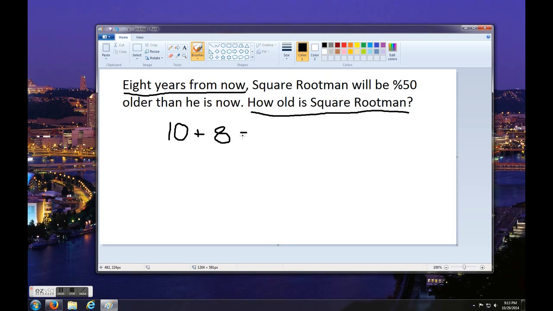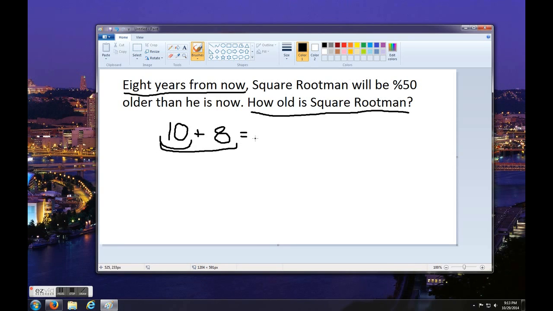So when I read that, I know I need to put an equal sign, because he's going to be 50% older than he is now. And that's 8 years from now. So we have this whole idea of how old he is now, 10, and how old he's going to be in 8 years. So this whole side is 10 plus 8.